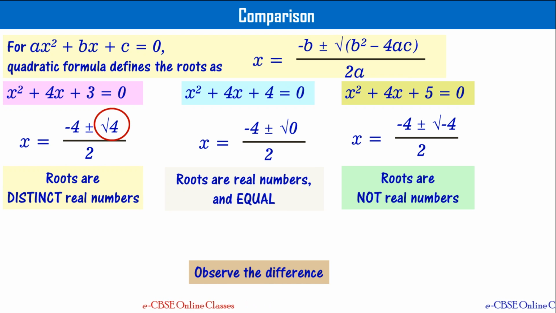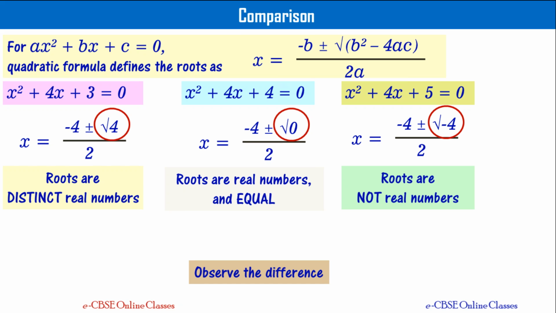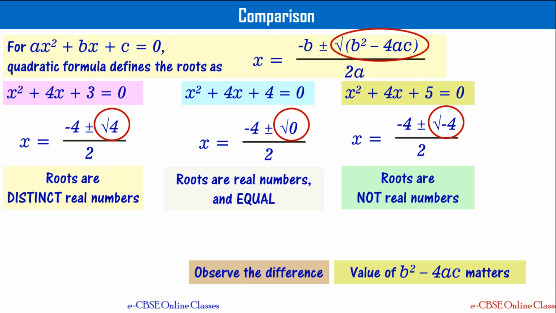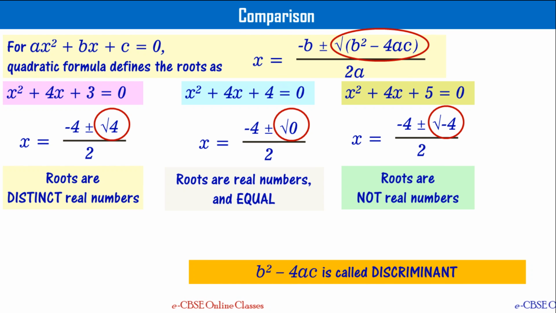What you can say is the term under the root is different across these three problems. It means that value of b square minus 4ac matters, and it is defining what kind of roots are going to be, right? That is the reason b square minus 4ac is called discriminant of quadratic equations.